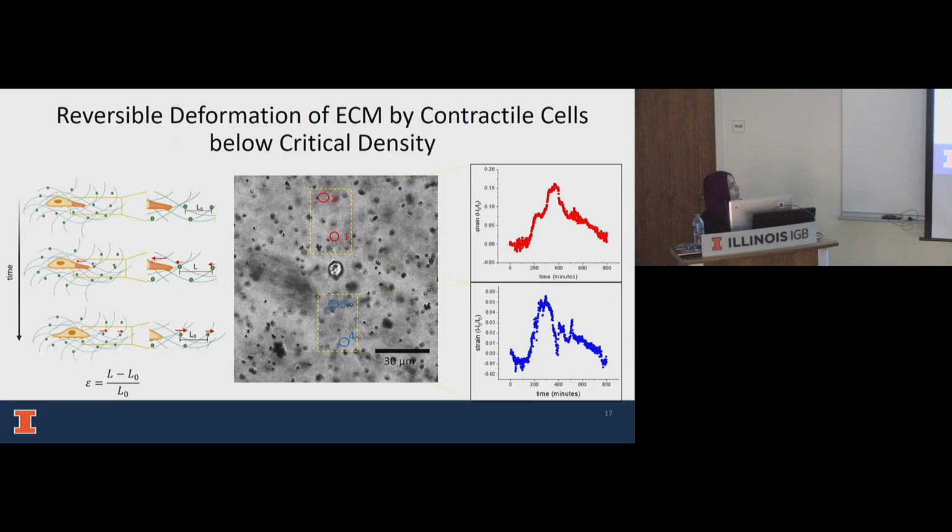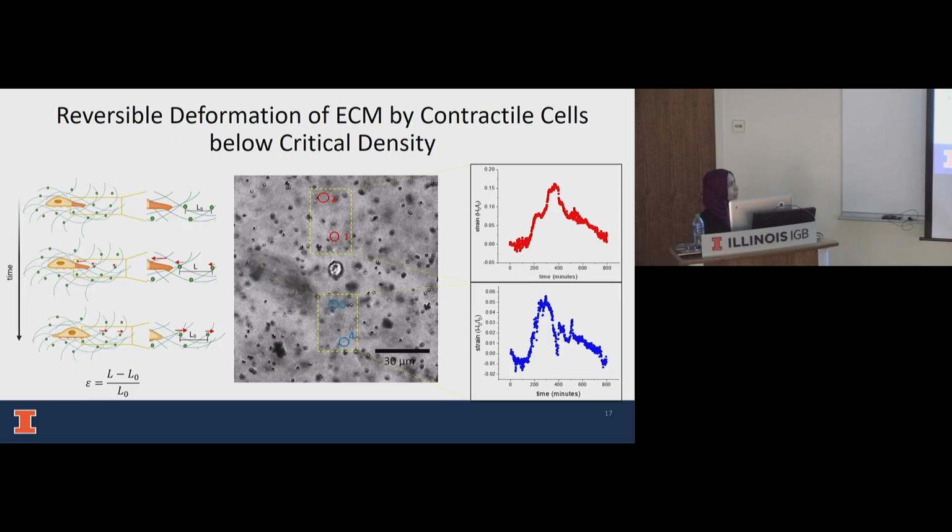So we can measure the strain in this region by tracking the beads, and from their displacements, we found that for a single cell, as time goes by, when the cell pulls, the strain eventually goes up as much as 15%, as you can see. But this process is reversible. When a single individual cell interacts with its surrounding ECM, it randomly migrates in the whole ECM.